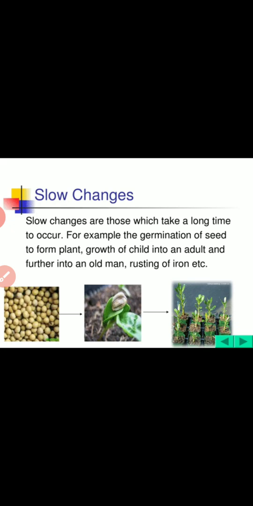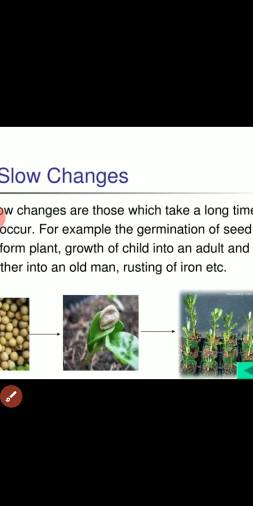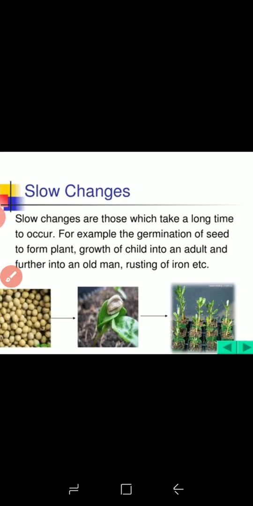For example, the germination of a seed to form a plant. Then the growth of a child into an adult, and further into an old man, and the rusting of iron. All of these are slow changes.